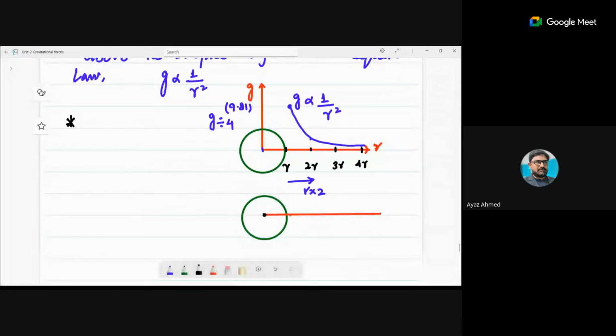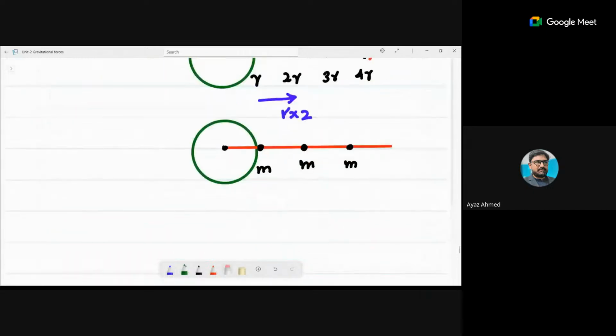So if that mass is here at distance r, then this mass is at this point at 2r, then this mass is at 3R. Now, let's say this is the significant distance. Sorry, when I say that this is the distance, this distance is not significant as compared to the radius of the Earth. Rather, I will say that this separation is equal to the radius of the Earth, isn't it? Do you believe this thing?